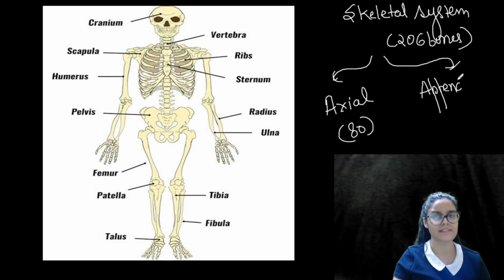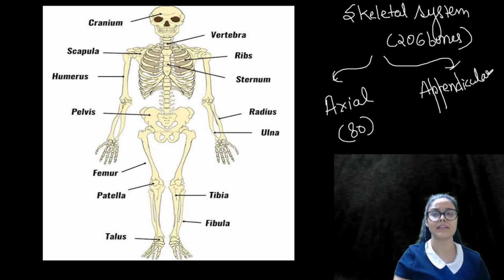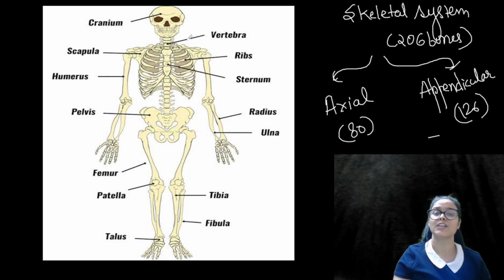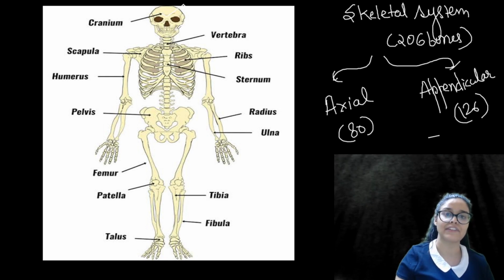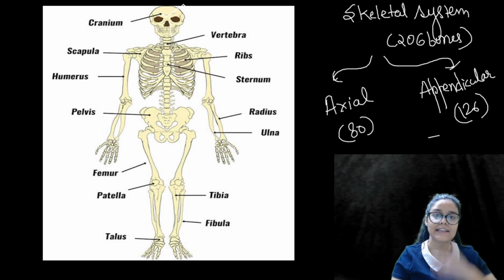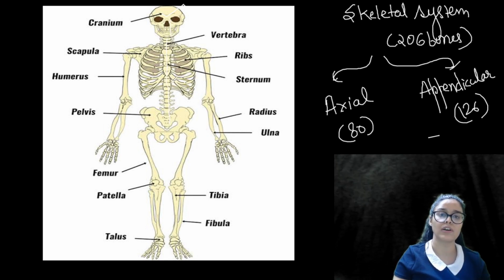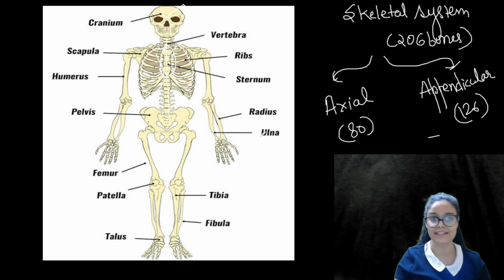So now what is the difference? The appendicular skeleton has 126 bones. Obviously this central part, having the cranium, the face, the vertebral column, the sternum, and the ribs, are all part of the axial skeleton.